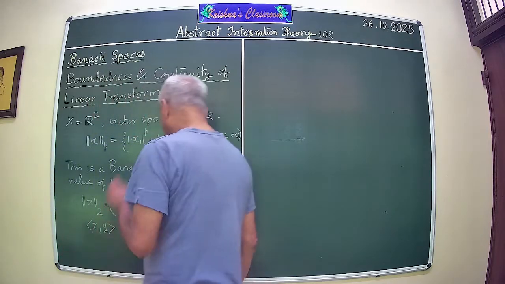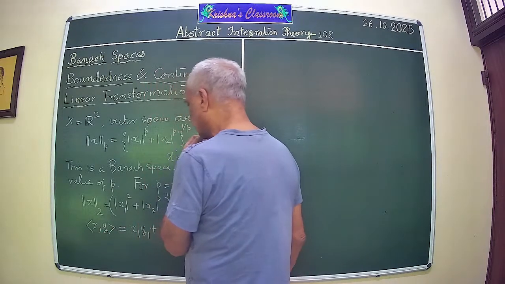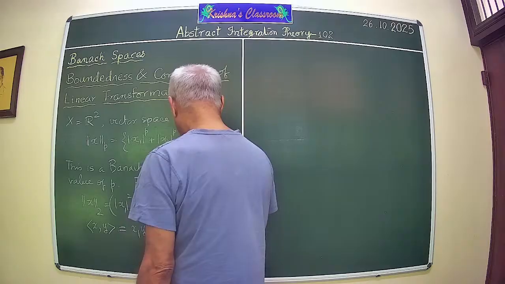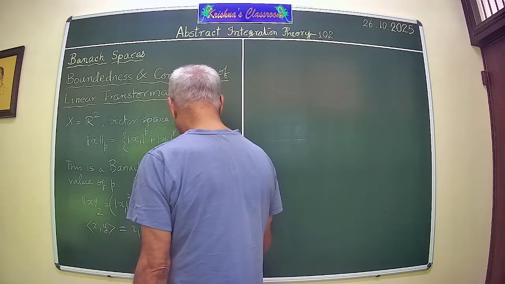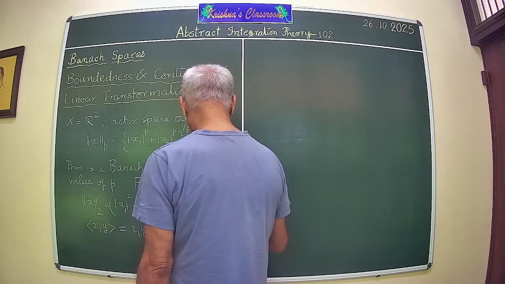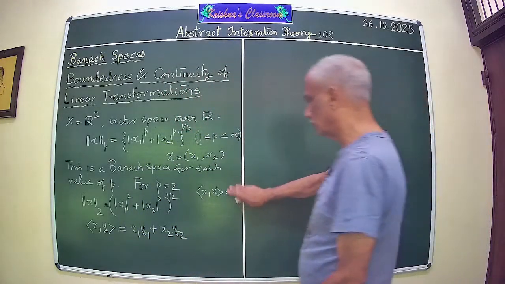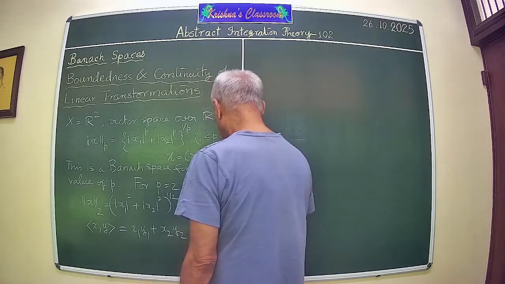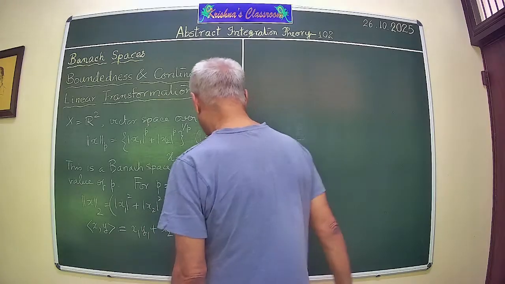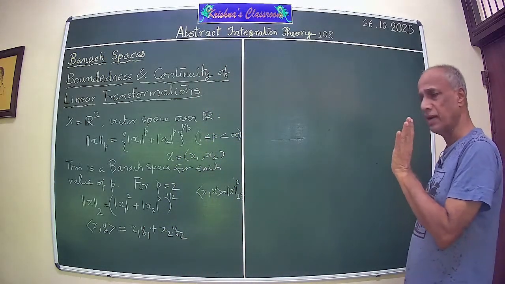This is how the inner product is defined, and when x equal to y, you get the norm of x. This is what we have. So the norm is derived from the inner product.